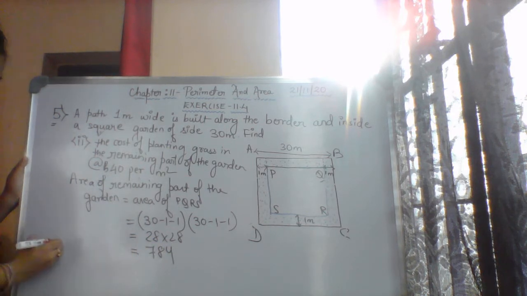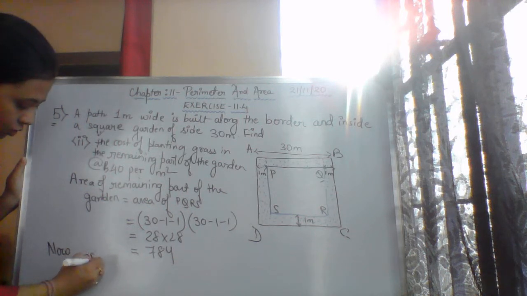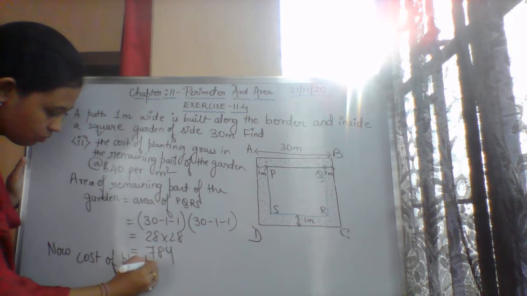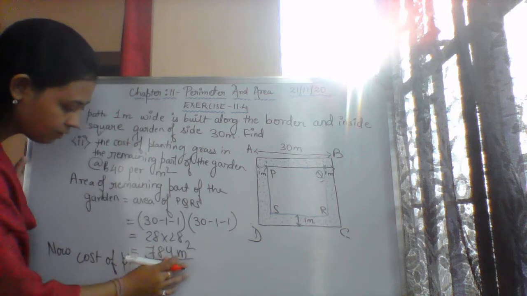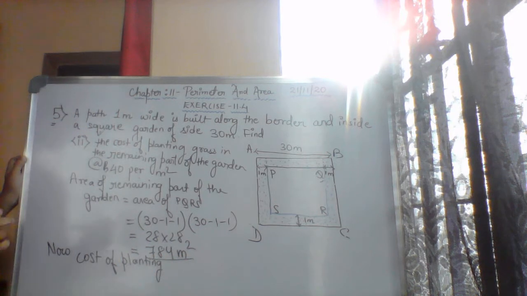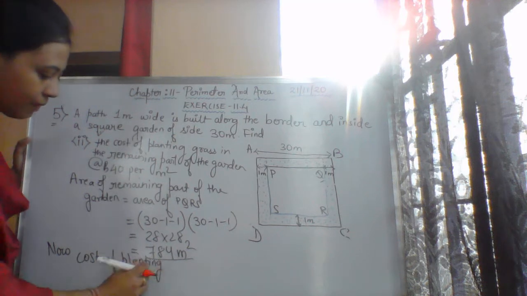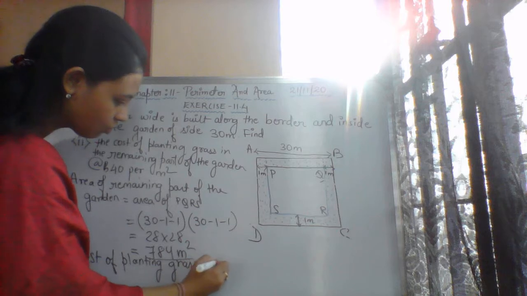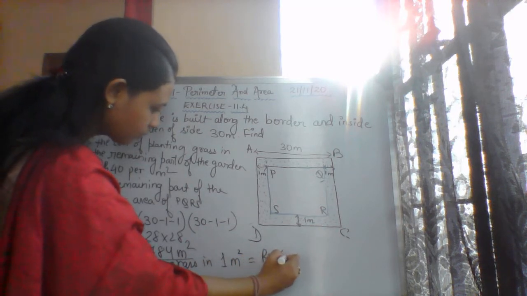Okay, now the cost of planting 784 meters square. Don't forget to write the unit. So the cost of planting grass in 1 meter square, how much is that? Rupees 40.